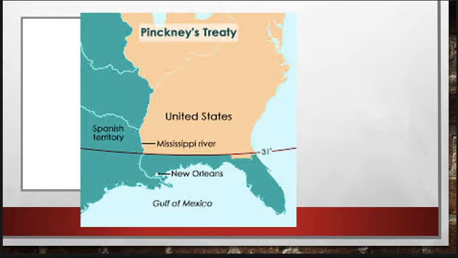In Pinckney's Treaty, Spain basically just gives us a gift without really anything in return. They give us land in North Florida, not all of Florida, north of Florida, like Jacksonville and the Panhandle, like Tallahassee, the western Panhandle of Florida, all the way to the Mississippi River.